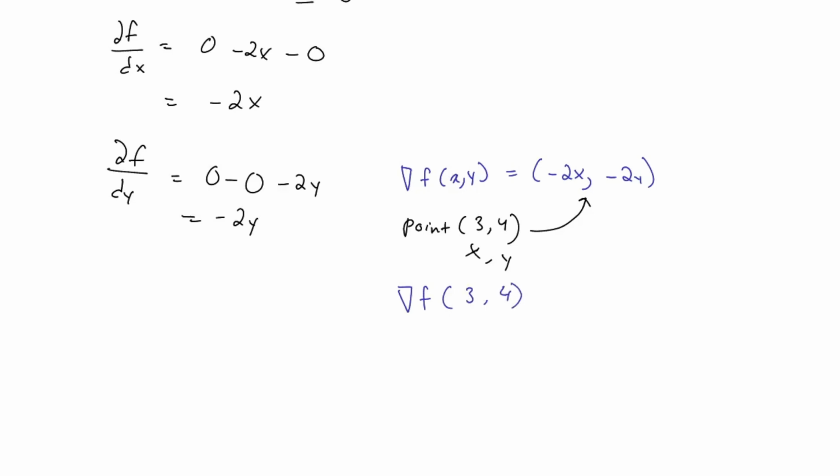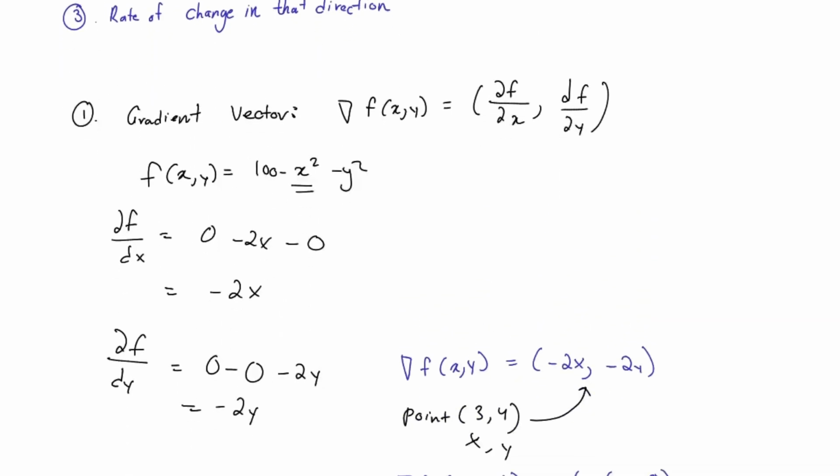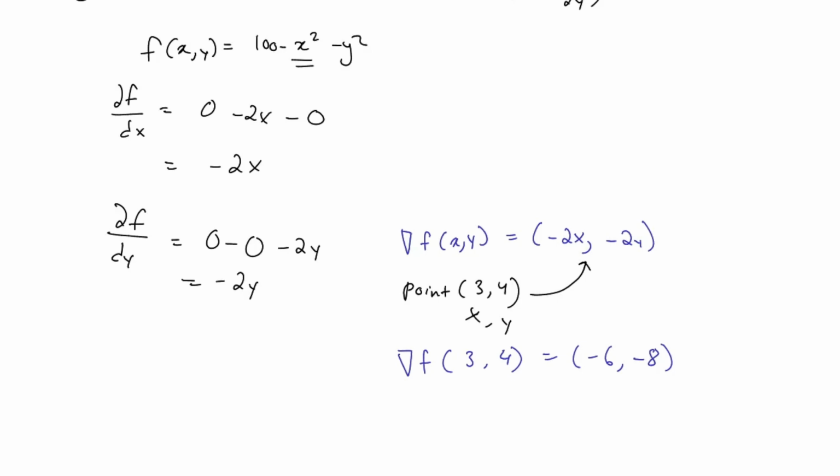This is going to be equal to -2 times 3, which is basically going to be -6. And our y is going to be -8, that's -2 times 4. So therefore, we've got what we're looking for. We found the gradient vector at our point. I'm going to circle this in red. So there we go. That's the first part of our question.